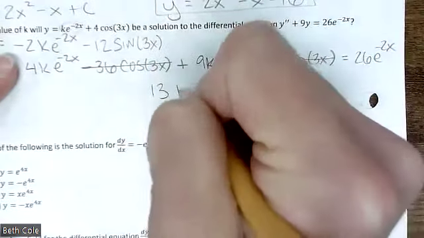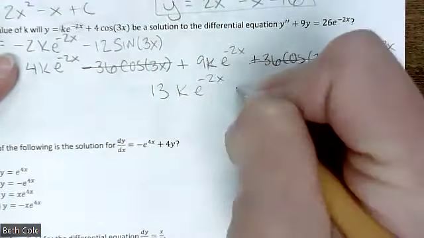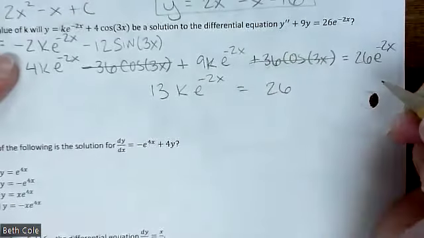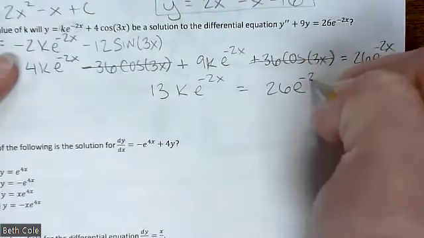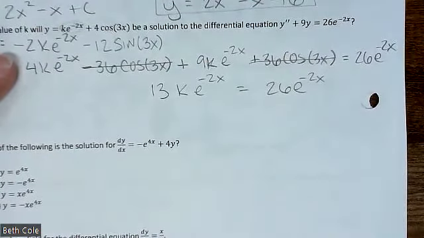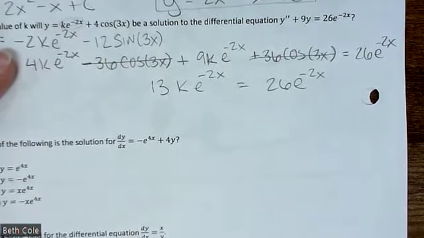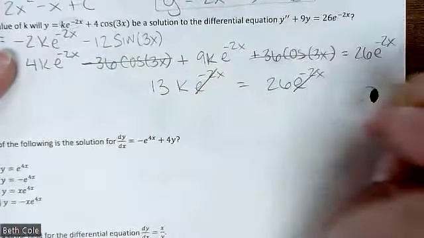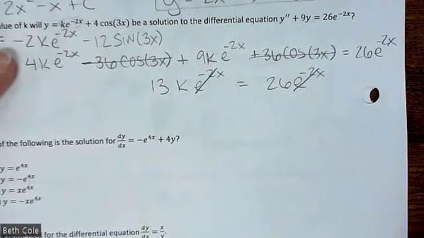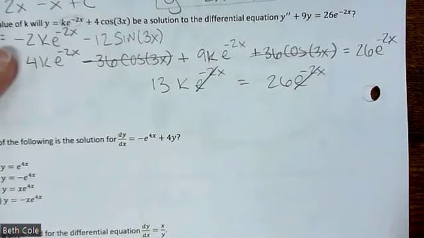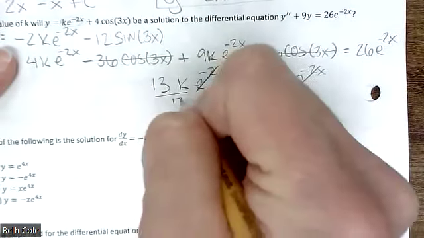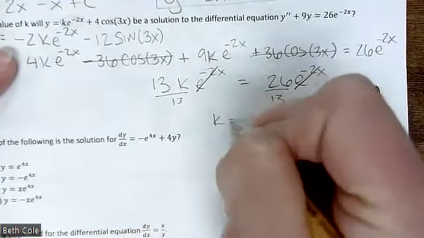You guys hung in there with me. 13k e to the negative 2x equals 26 e to the negative 2x. And then what cancels? Yeah, the e to the negative 2x is gone. You have 13k equals 26. Divide by 13, and k is 2.